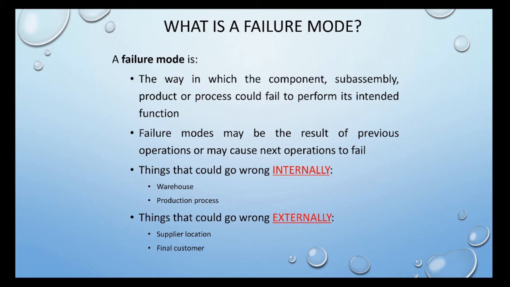There are two kinds of failure mode. One is internal and another one is external. Internally within your organization and externally outside your organization. That may be easy to understand from your point of view. Internal failure is related to your warehouse, may be related to your production process, your product layout, plant layout or process layout, whatever it may be within an organization. When there is a chance of occurrence of failure, it is an internal failure mode.